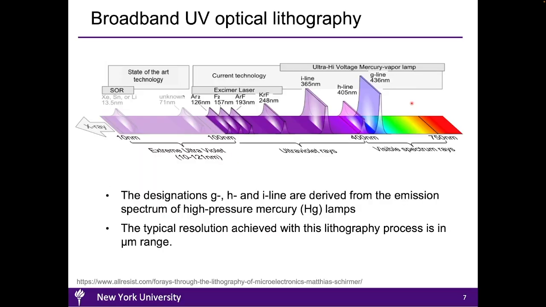The UV light emitted from high-pressure mercury lamps is commonly used for performing the photolithography process in a mask aligner system. Specifically, the high-pressure mercury lamps can generate photons with three wavelengths: 436 nanometers, known as G line, 405 nanometers, known as H line, and 365 nanometers, known as I line.